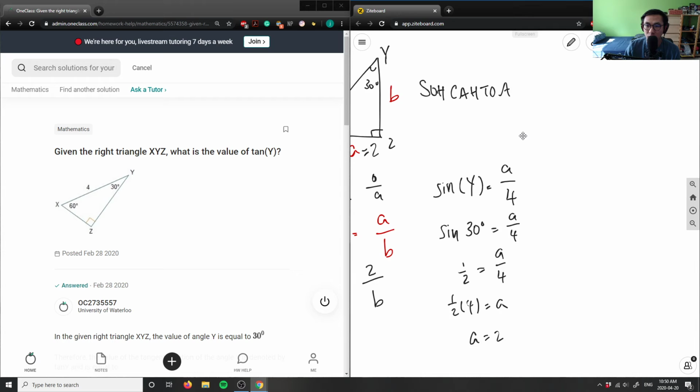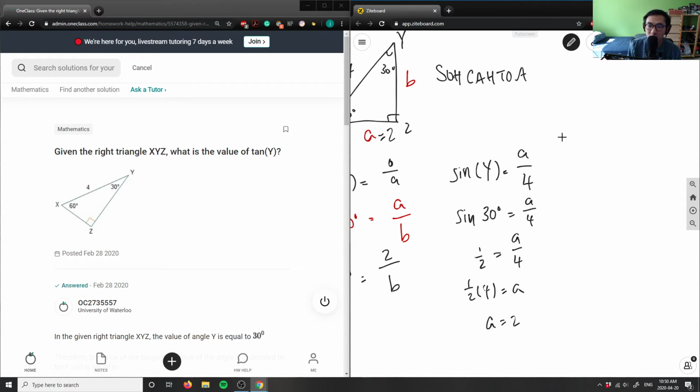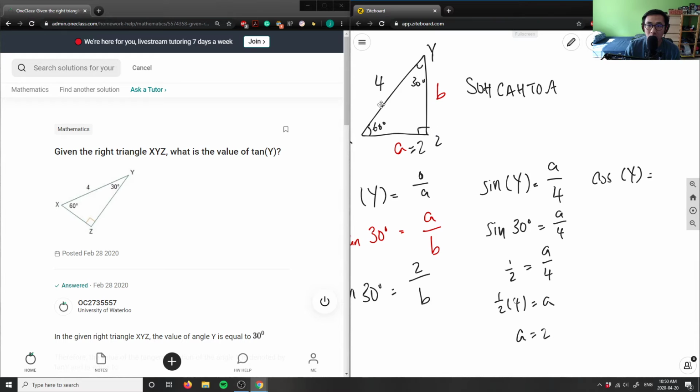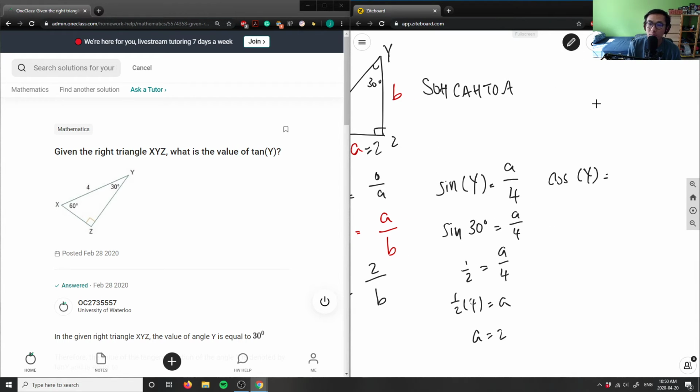I can solve it using cosine here. So if I did cosine of y equals, remember the cos of y here is the adjacent over the hypotenuse, so it's going to be b over 4 here. B over 4. And again, I can figure out what cos of y is. Cos of y here is cos 30 degrees, which is b over 4.